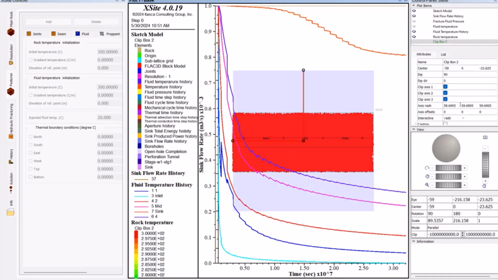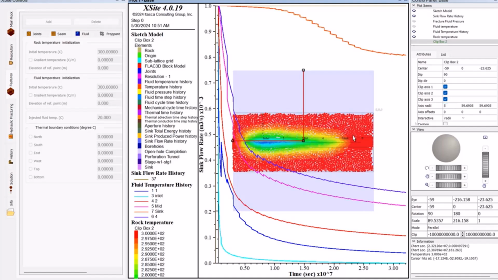So if I put it here, you can see then how the cooling front actually propagates from the fractures into the surrounding rock.